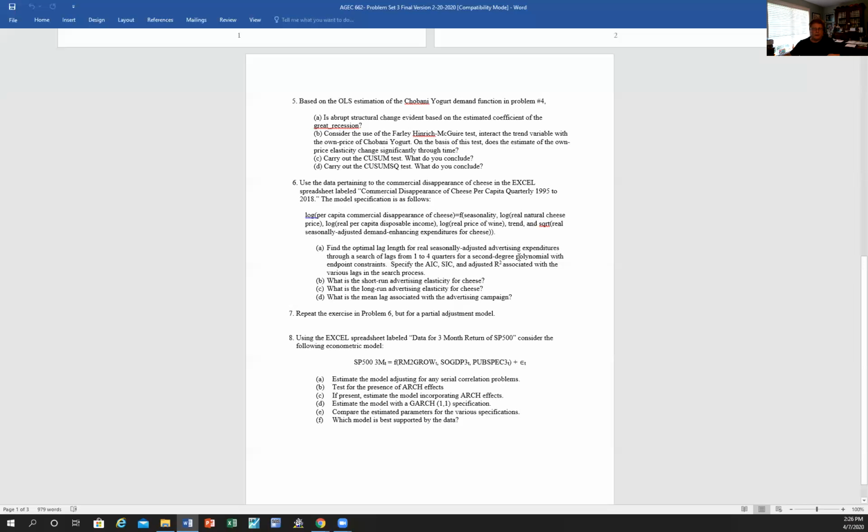But then based on that, and in my case, as I said, the optimal lag being 2, you should be able to get that coefficient. But that coefficient on the short run, the contemporaneous effect, is not the advertising elasticity. What you have to do is get the marginal effect and then multiply any marginal effect by the ratio of the explanatory variable to the dependent variable in order to calculate that correctly.